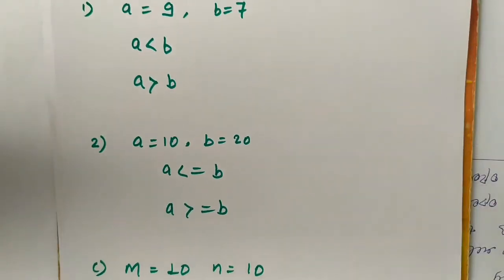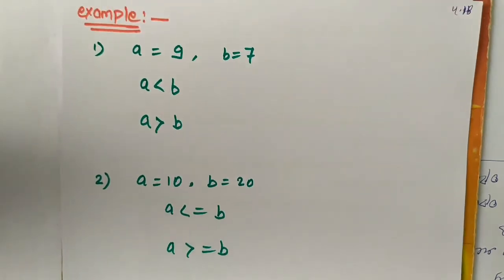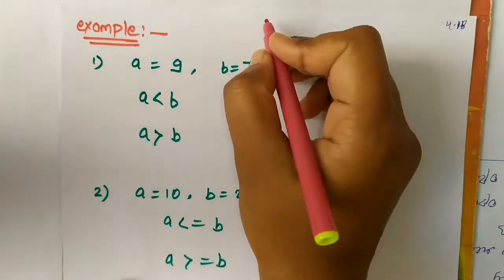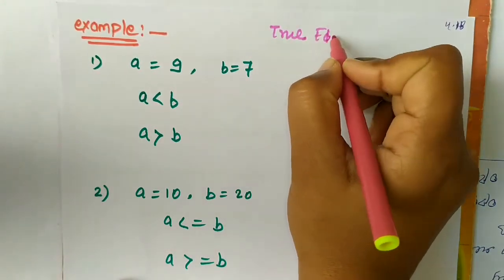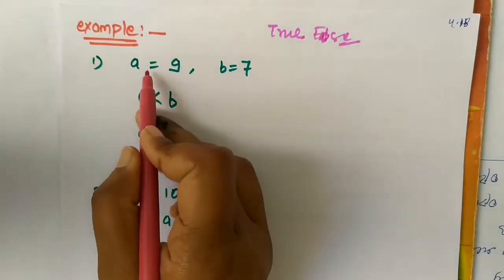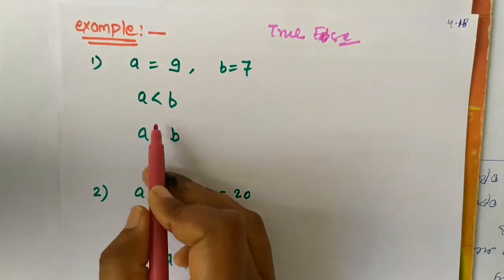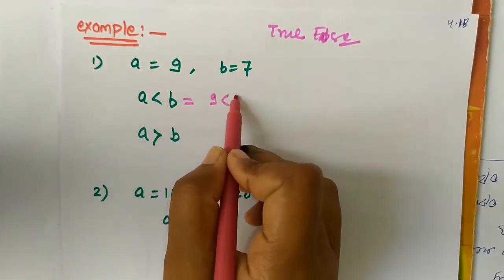So let's see some more questions related to these operators. We have to put the answer in the form of true or false. Here A is equal to 9, B is equal to 7. Firstly, we check 9 less than 7.